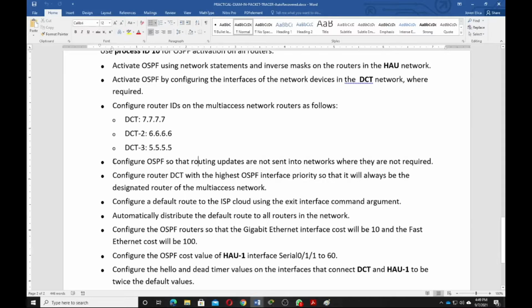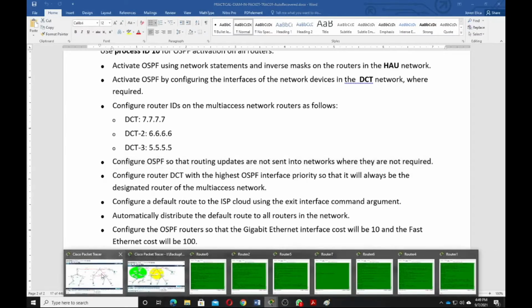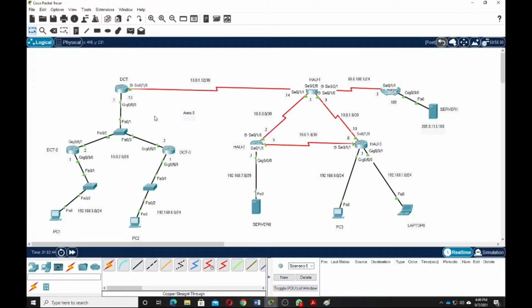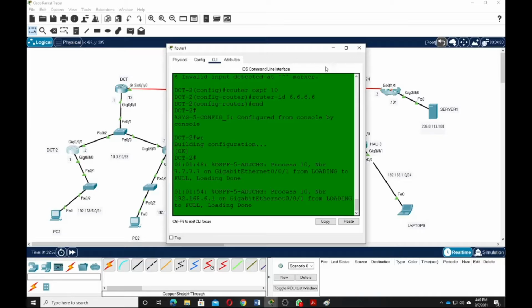And then the next requirement is to configure OSPF so that routing updates are not sent into the networks where they are not required. So this is a passive interface. We need to configure the passive interface. The interface that needs to be passive is this one, G0/0/0, because there is no router after the switch.